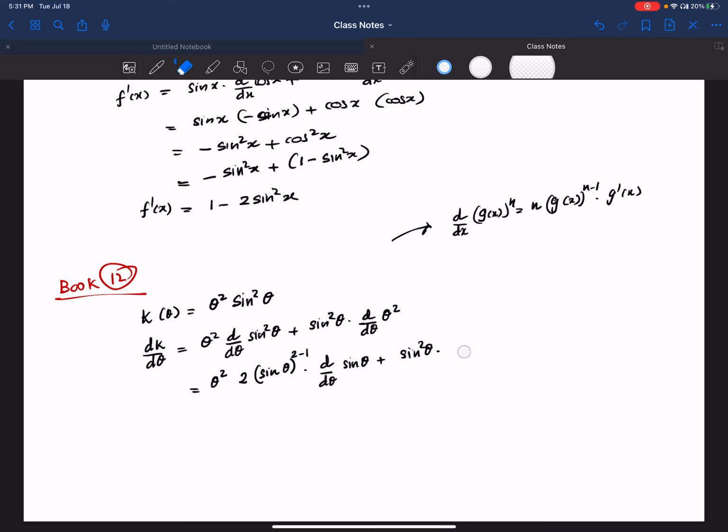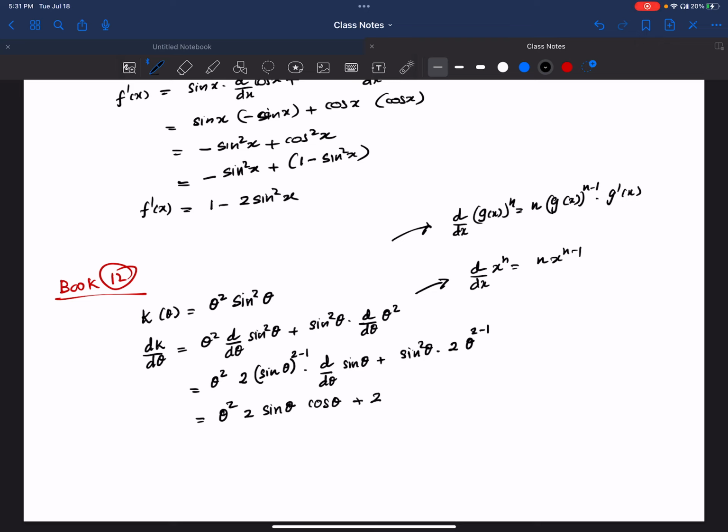I can use this equation, d over dx x to the power n is n x to the power n minus 1. So you can write 2 times theta. This is 2 times sine theta, and d over d theta sine theta is cosine theta, plus 2 theta times sine squared theta, right?